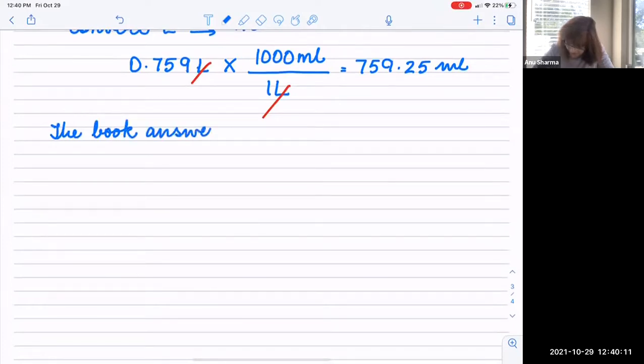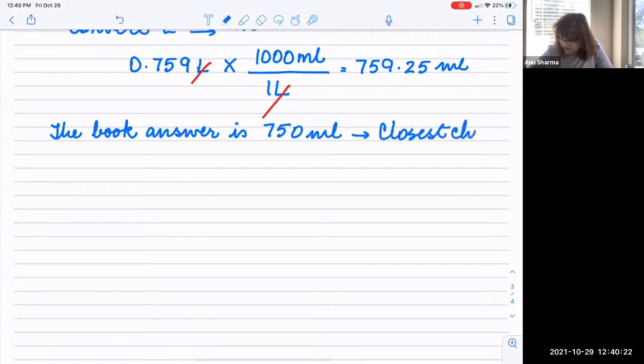Okay, so the book answer is 750 milliliters. That is the closest choice in the multiple choice.